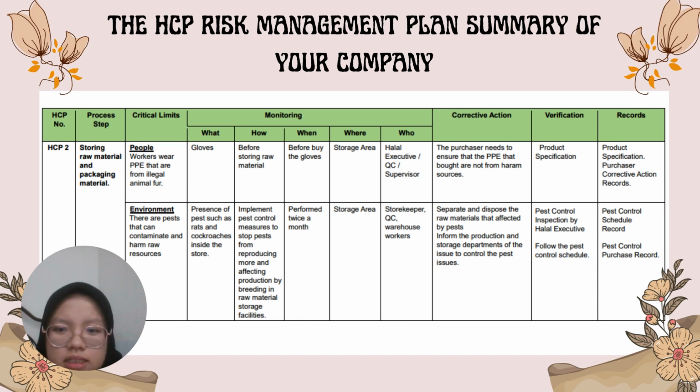The company should do pest control with their own budget or profit, because all the pests can contaminate and dirty the company. They can implement pest control measures to stop pests from reproducing and affecting production by breeding in raw material storage facilities.